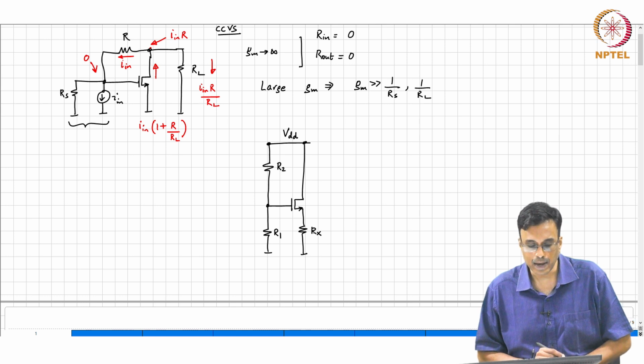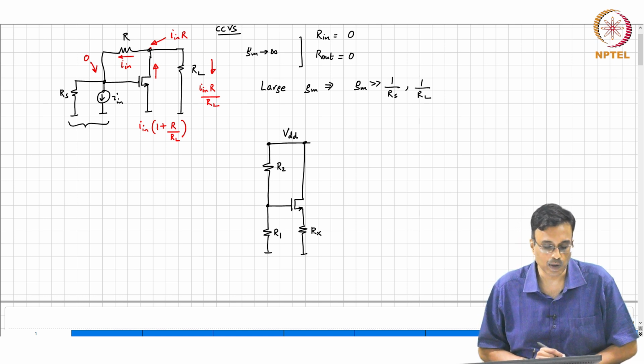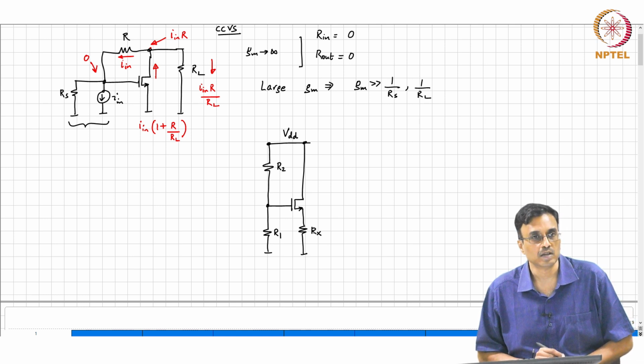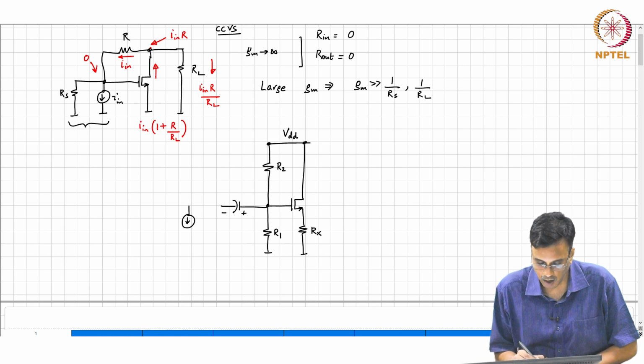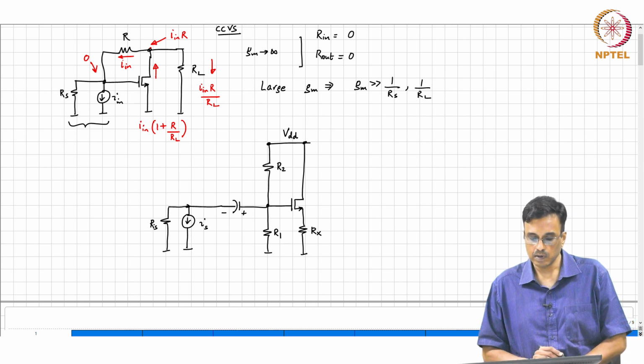Alright, so now we need to make the incremental network look like the one shown on top. So what do we do? Okay, so IS, RS, straightforward. Okay, what else?